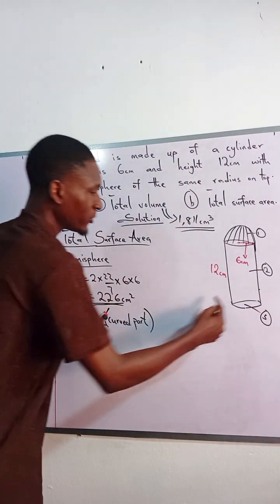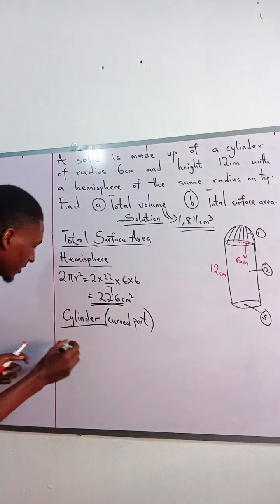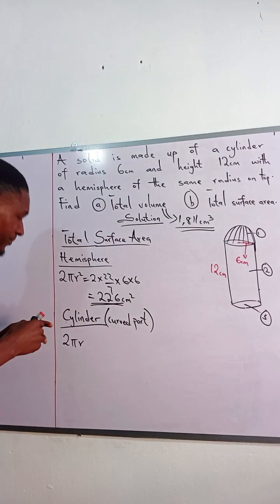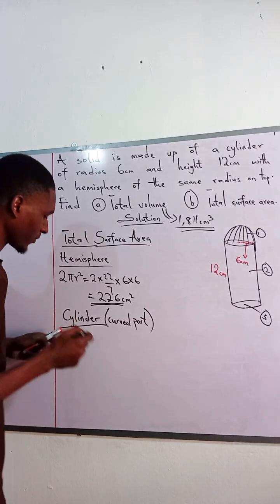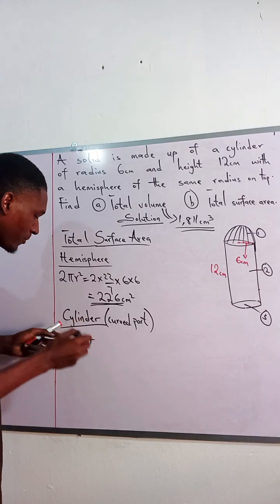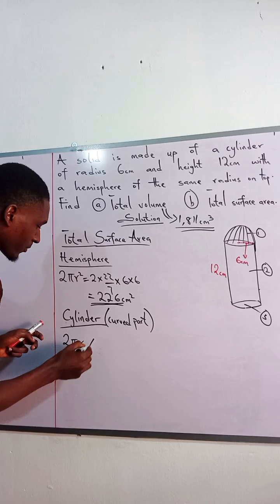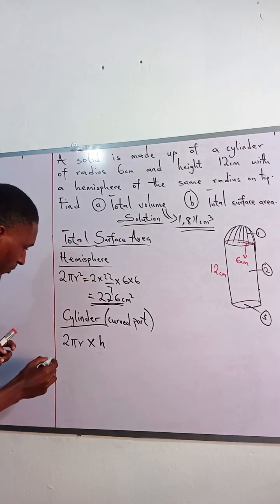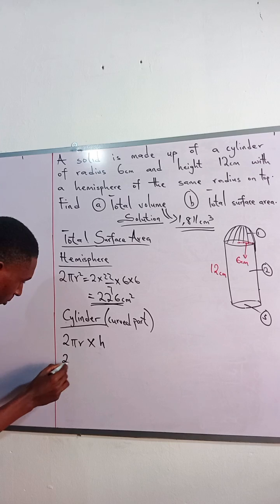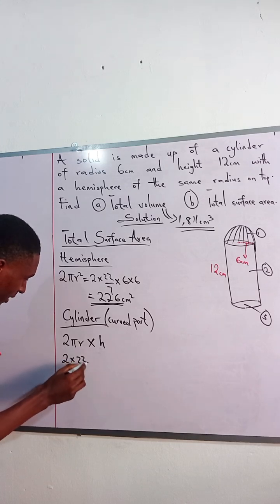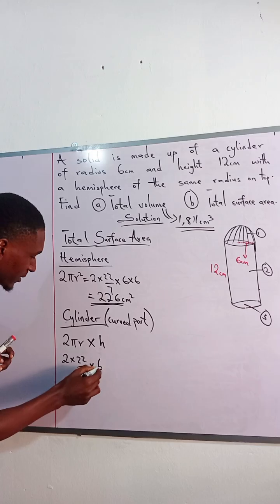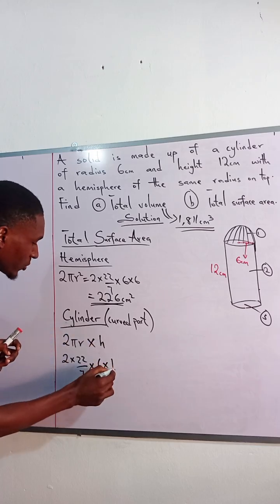So we are going to do the circumference of the circle, which is 2 pi r, multiplied by the height. So 2 multiplied by pi, which is 22 over 7, and our radius is 6, multiplied by our height, which is 12.